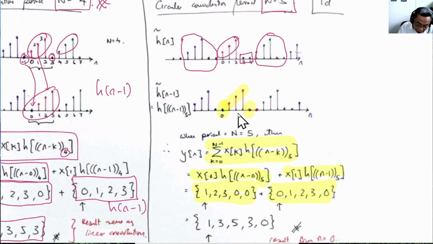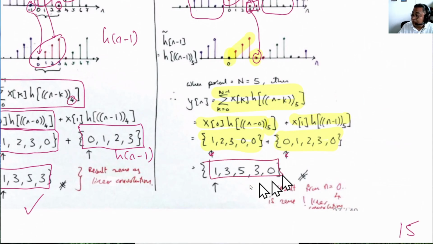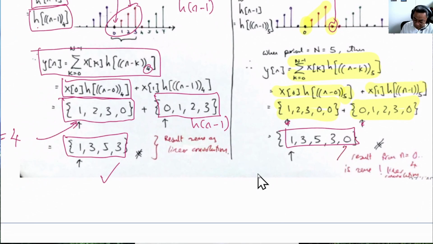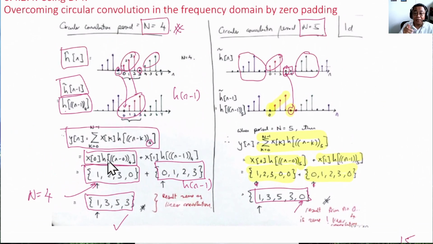So there is this one sample at index 3 is now here. Okay. So anyway, we have these 2 sequences, and again we add them up, and we get 1, 3, 5, 3, which is the correct sequence. I mean, the extra 0 doesn't change anything, and we are happy again. So in conclusion, we can zero pad such that the circular shift behaves like a linear shift.